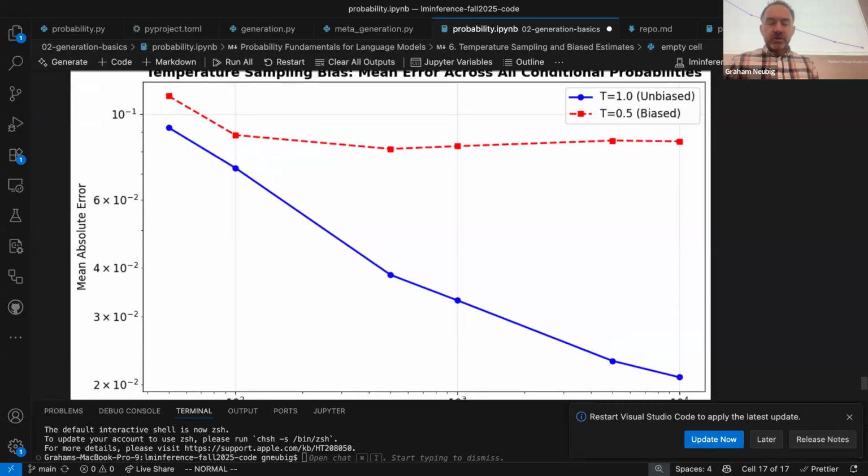Basically what we can see is that if we sample from a model where temperature is 1, this gives us an unbiased estimate of what the actual conditional probabilities are, and so our error goes down and down. But if we're sampling from a biased estimate of the probability, then this will plateau, and will not give us a correct estimate of what the output of the model will look like.